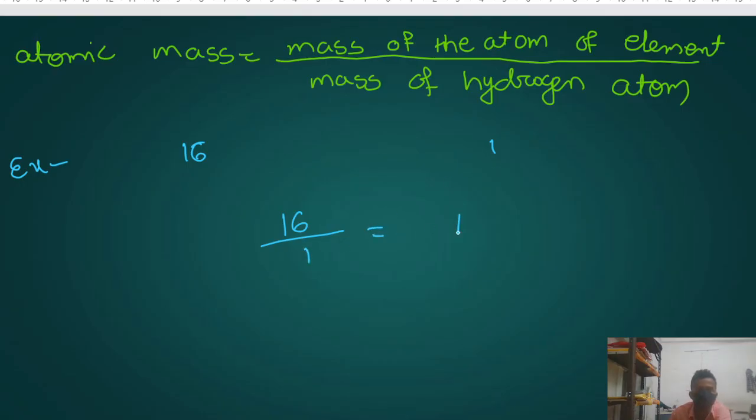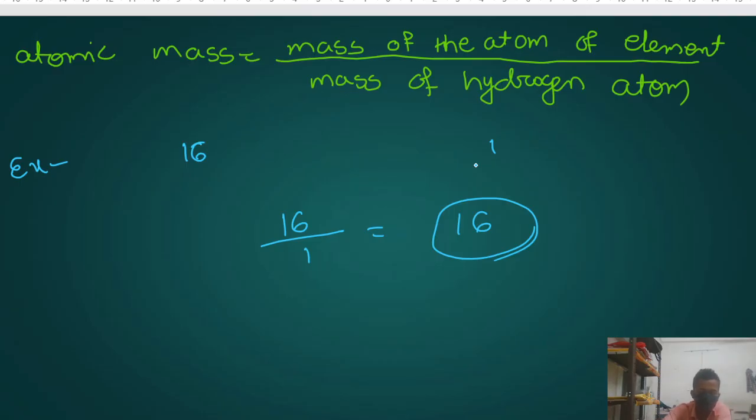So 16 divided by 1 will be 16. So 16 will be the atomic mass of oxygen. In the same way, we can calculate the atomic mass for every element.